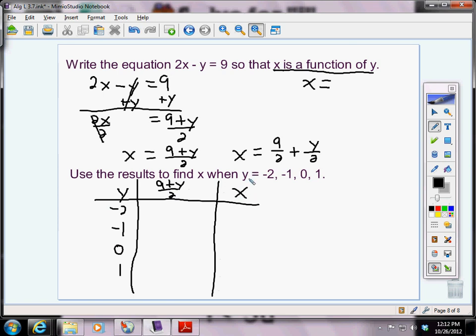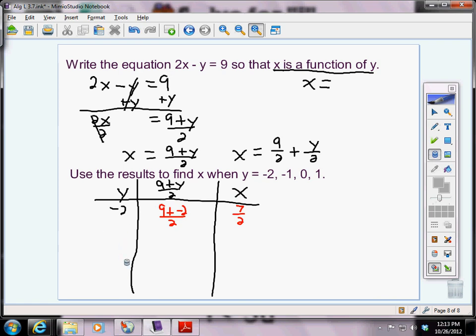It looks a little backwards than what we're used to, but again, they want x as a function of y. So if I take negative 2 and plug it in for y, I get 9 plus negative 2 divided by 2. 9 plus a negative 2 is 7, and we can just leave this as 7 divided by 2.